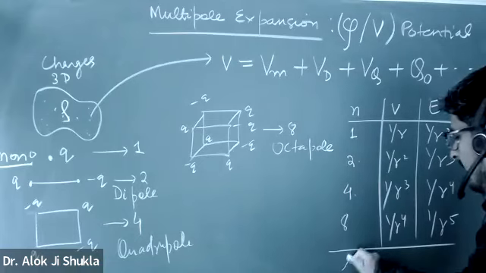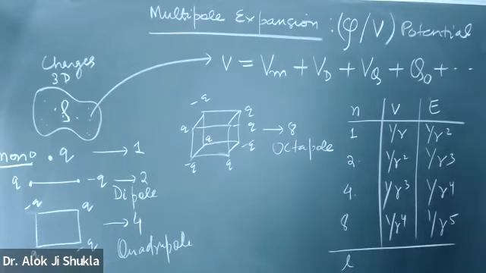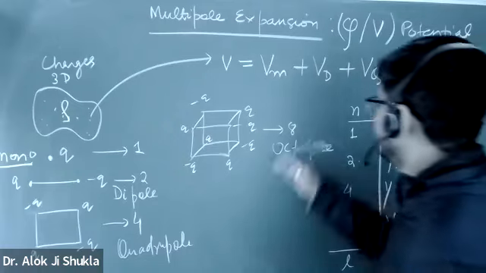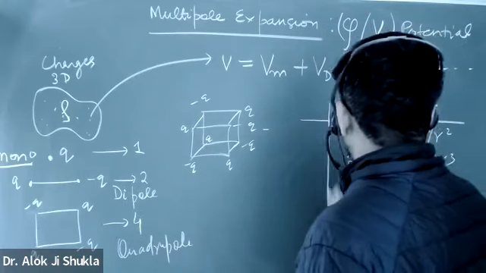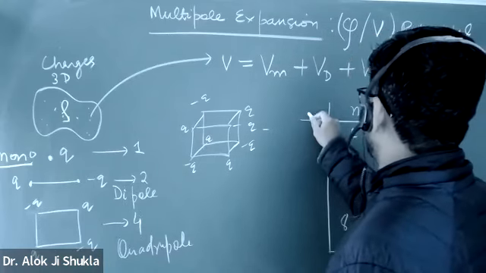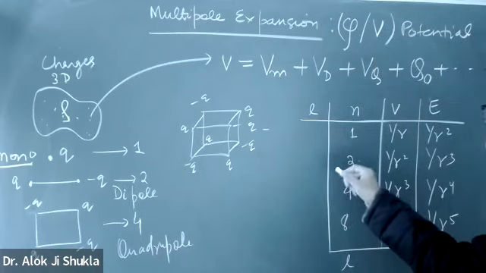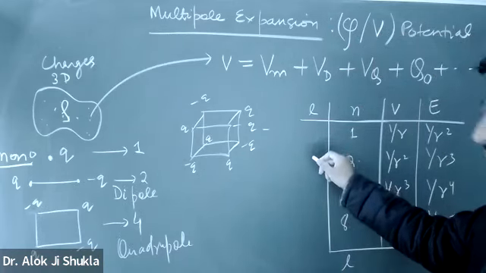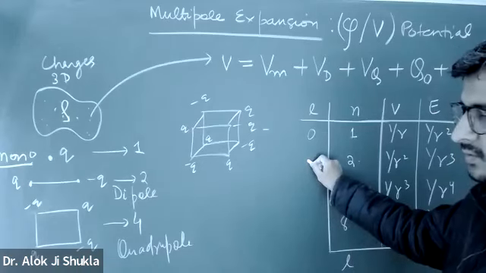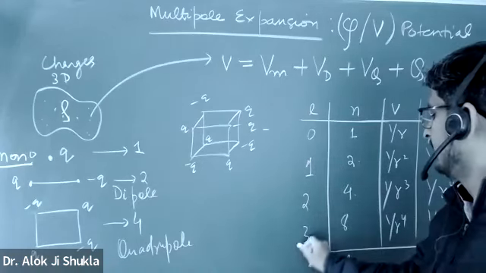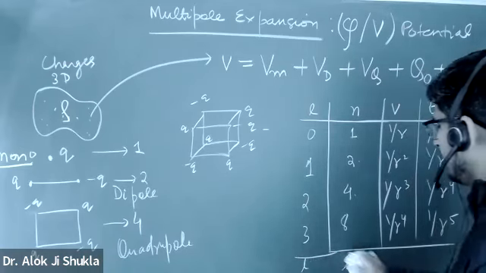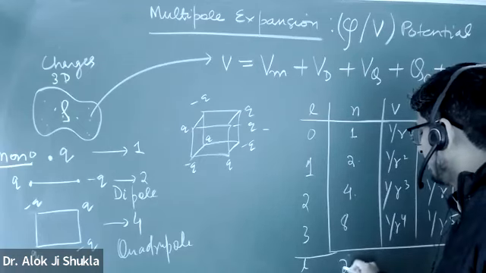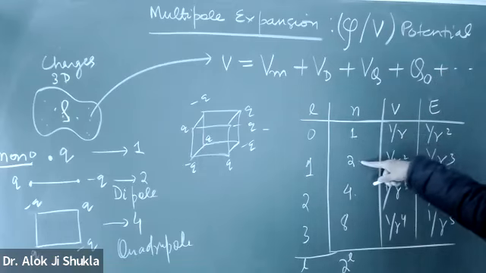So if it is L, if you write it in order, let's say order will start from the number of charges. So you can write it as 0, 1, 2 and 3, and this side you can write L, and here you can write 2 to the power L. Okay, because it is in combinations of 2: 2 to the power 0, 2 to the power 1, 2 to the power 2.